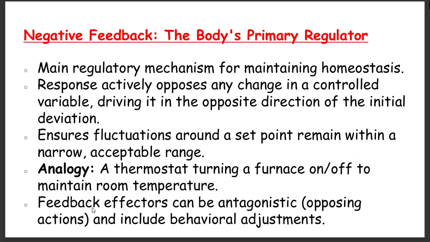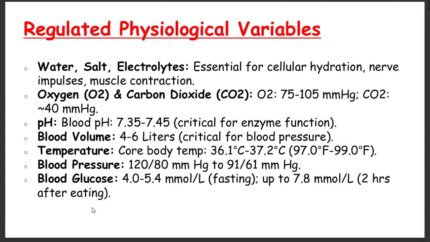So that is the introduction to what homeostasis actually is, and these are some of the regulated physiological variables in the human body. We talked about water, salt, and electrolytes, oxygen and carbon dioxide, pH, blood volume, temperature, blood pressure, and blood glucose.